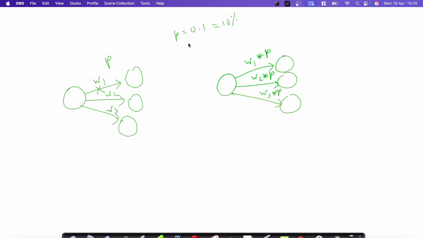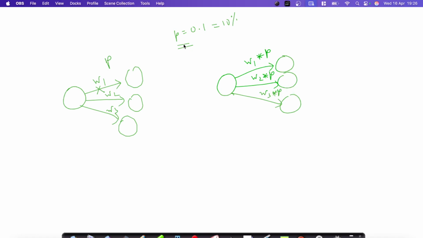Now this P is basically a hyperparameter. This is the concept of dropout, and you can play around with the value of P to see the optimal result. If P is very high, then many neurons will be switched off, and as a result the model will tend to underfit, because not many neurons are being used during training.